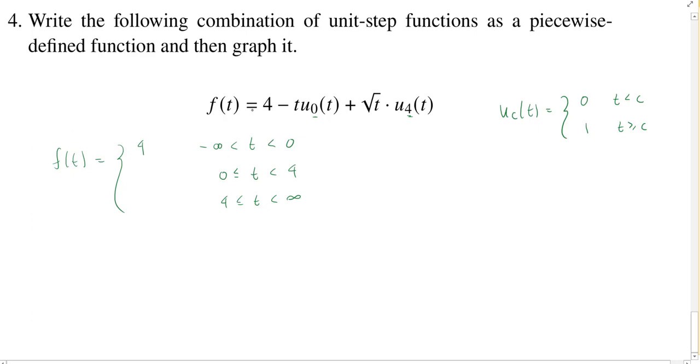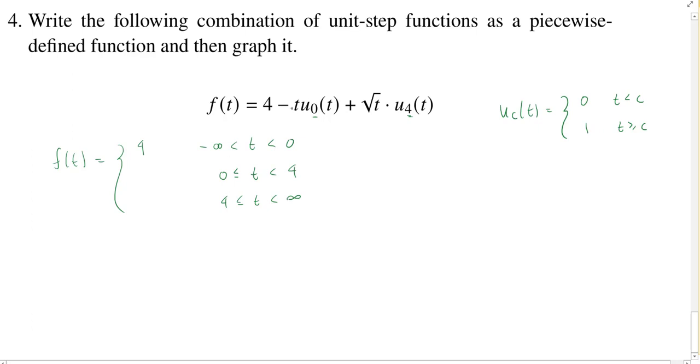Okay, so what does happen at 0? Well, it was at 4, but now there's a minus t. So u_0 would say, okay, you stay at nothing until you get to 0, and then at 0, you're going to go up to 1. But in this case, it'll be going down by t, right?